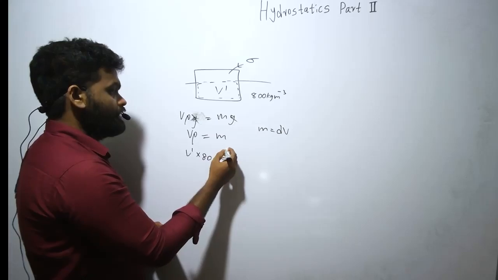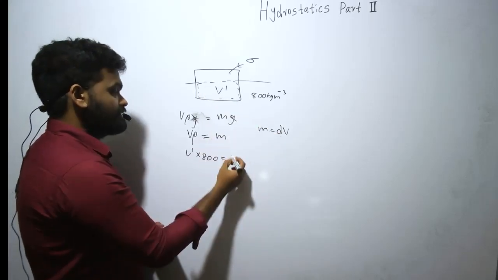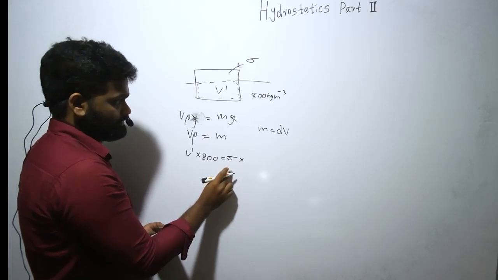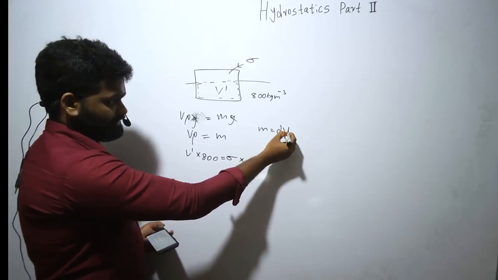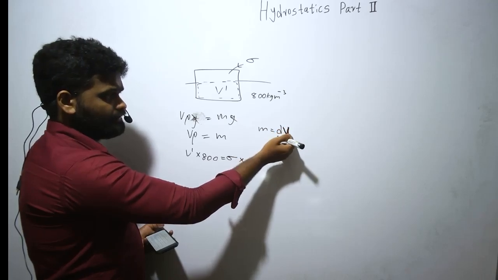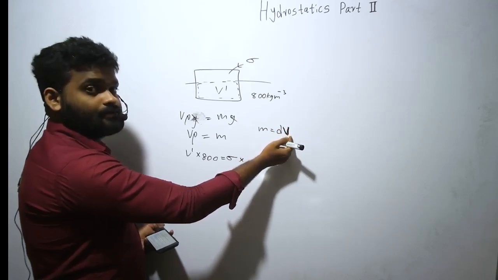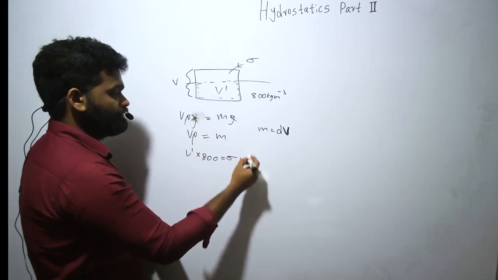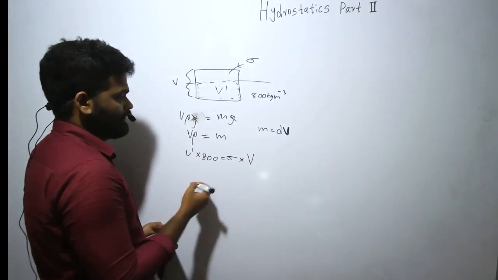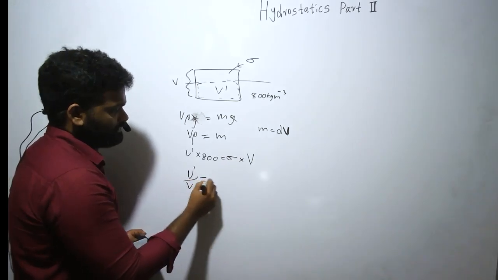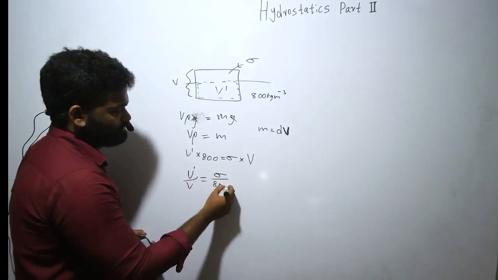The density of the object, that is what you need to find, sigma, times the volume of the object. This v is not the displaced volume, right? This is the volume of the object, so I can take it as, let's say, capital V, right? Again, then take it to this side, equals sigma divided by 800.